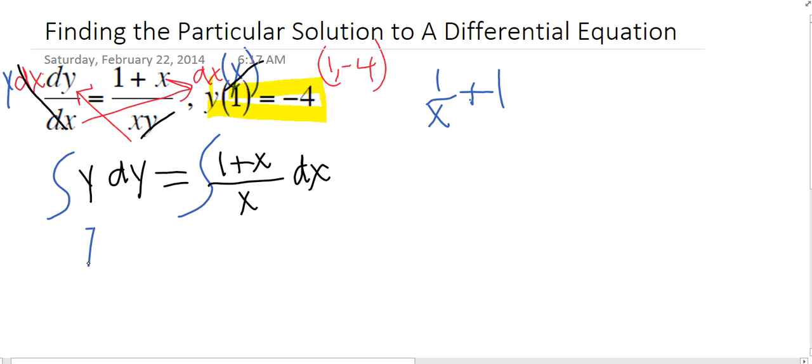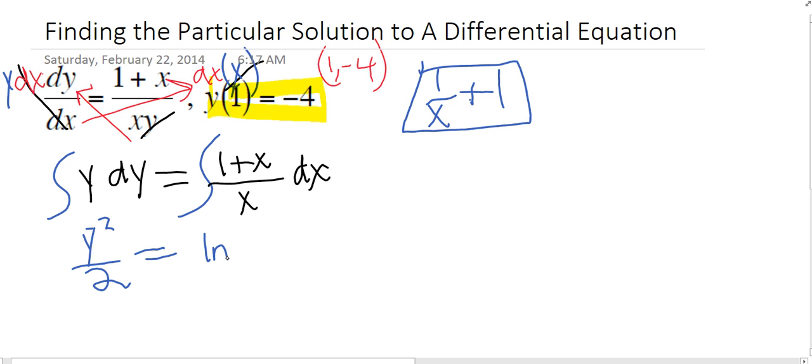The left side would be what? y squared over 2. And what is the integral of 1 over x? It's the ln of the absolute value of x, plus, what is the integral of 1? Just x, and there's our constant hanging out there.